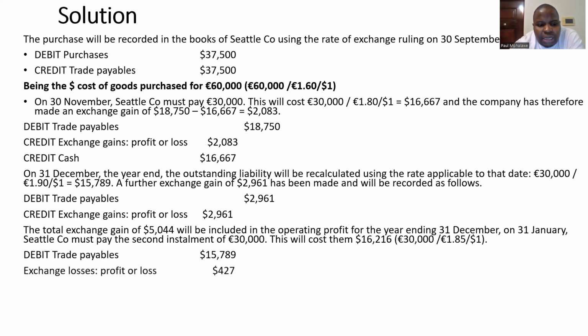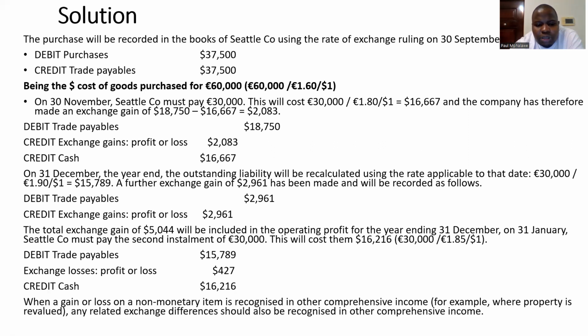We debit payables 15,789, knowing that we've already debited 2,961 to remove the total amount owing, leaving a loss of 427. That is the difference between 16,216 and 15,789. We credit cash 16,216.